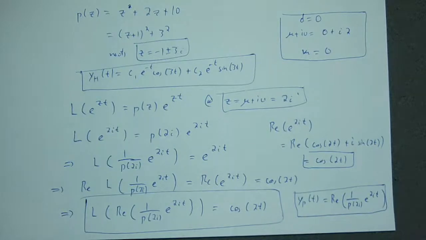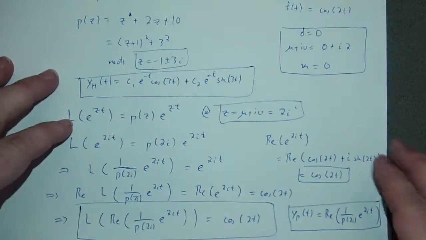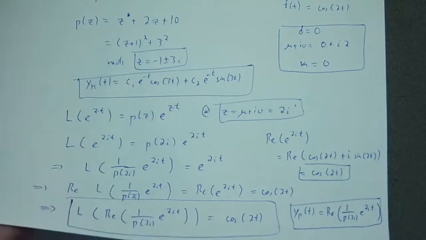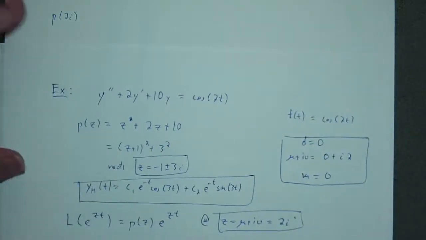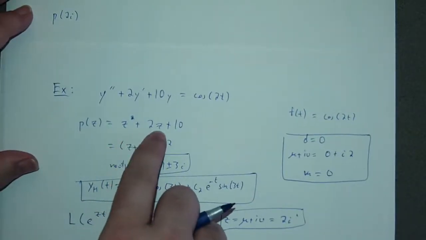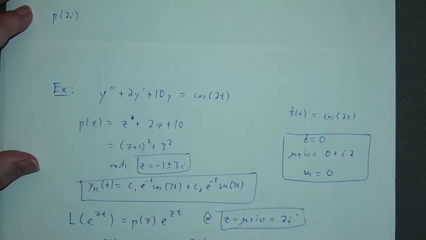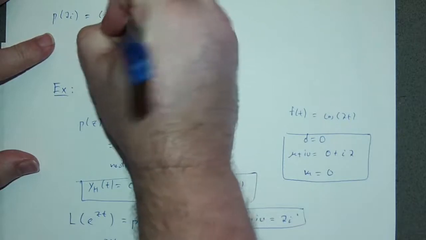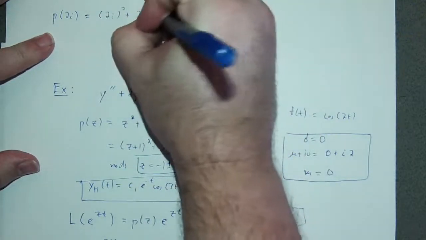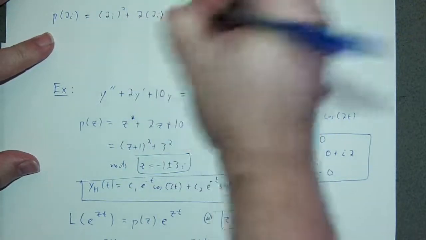Well, I need to actually figure out what this thing is. And this is where that complex algebra comes in. So the first step, what's p of 2i? Recall that p was z squared plus 2z plus 10. So p of 2i is 2i squared plus 2 times 2i plus 10.